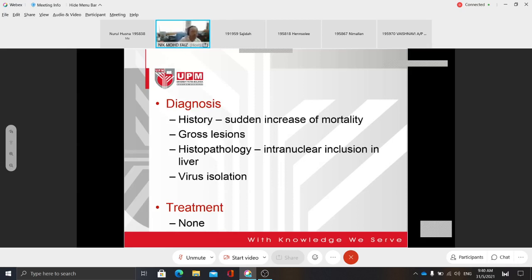There is no treatment for inclusion body hepatitis because it's a virus problem. However, what I advise them, one of the ways is when you notice an increase in mortality in chickens, and you look at the signs, a lot of liver problems, what we did is we give liver protectants.